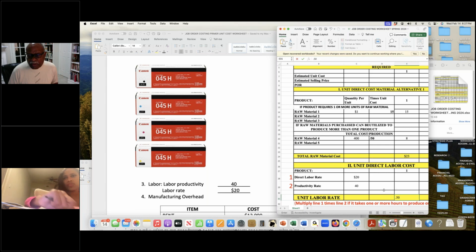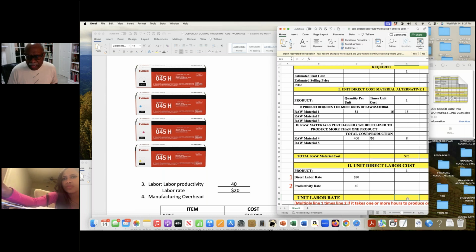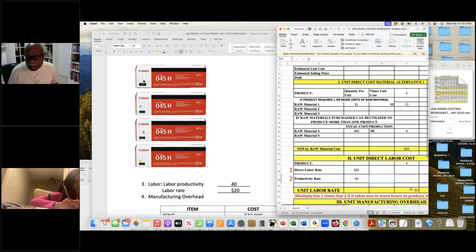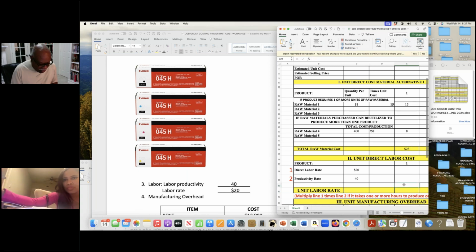Now, why do you want to do that? Clear contents. When you're working with Excel, if something jumps up that's not there, sometimes you have to go and clear the contents because it might already have a formula in there. Let's see if the 50 cents stays. No, it's not going to. It is ingrained in here pretty hard. So I'm going to clear the contents again, and I'll put my 50 cents here.